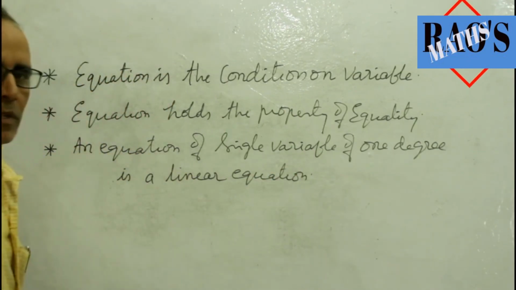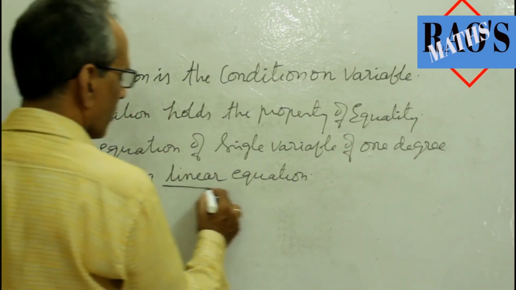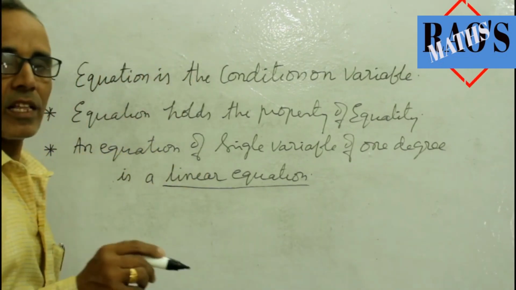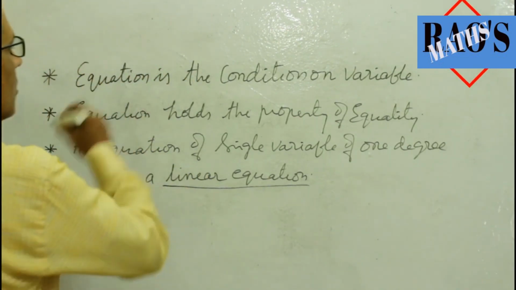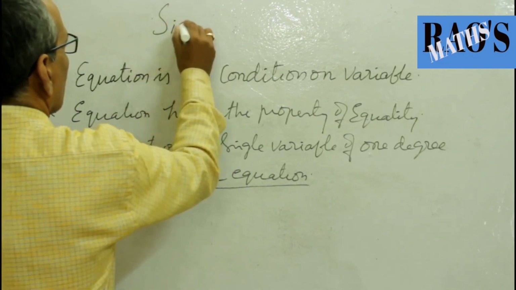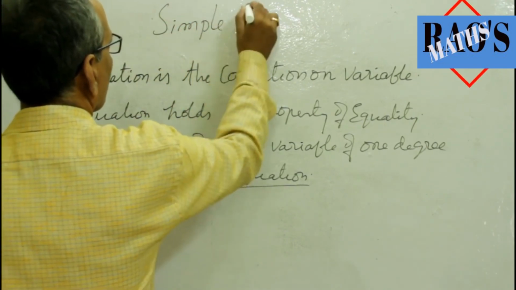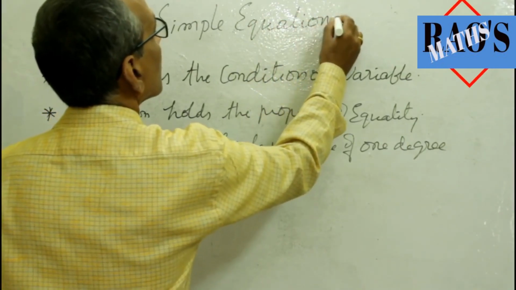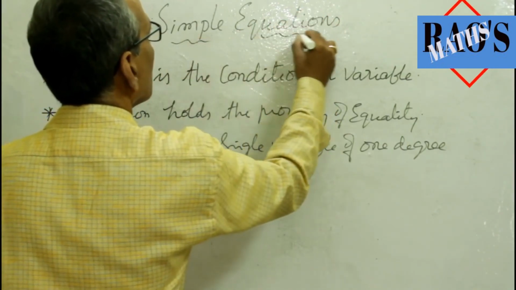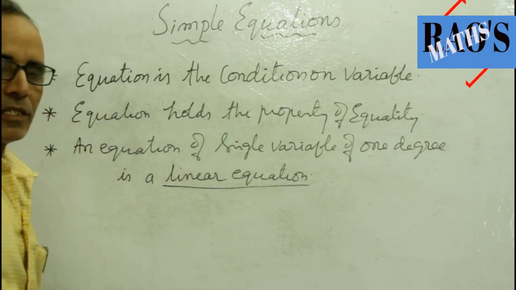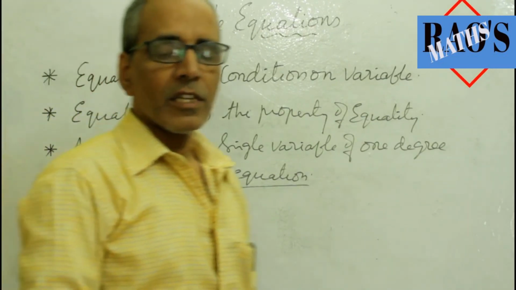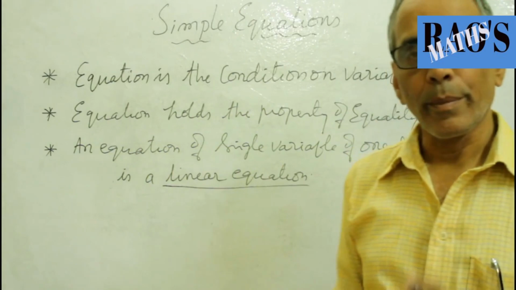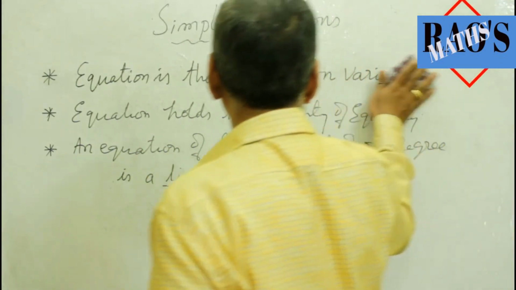So here we solve the linear equation of one variable of 1 degree. So totally it is called simple equations. So these are the basic information about the simple equation. Let's see how to solve the simple equation by the step method.